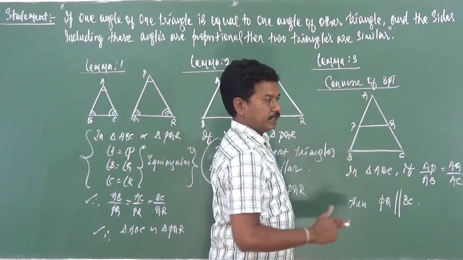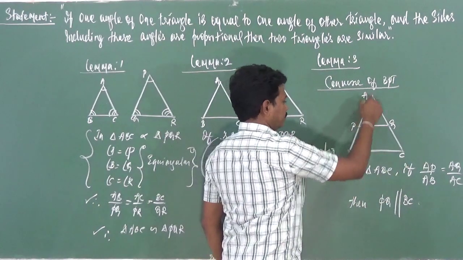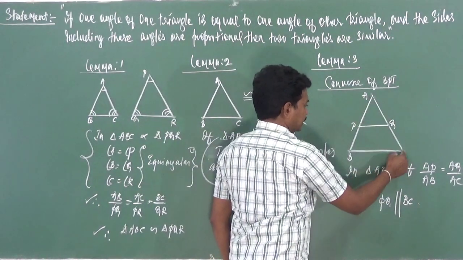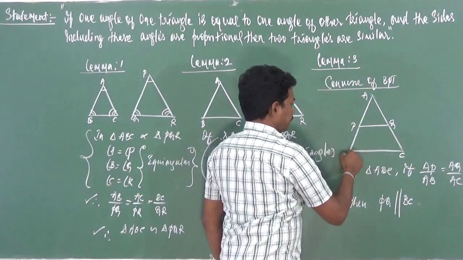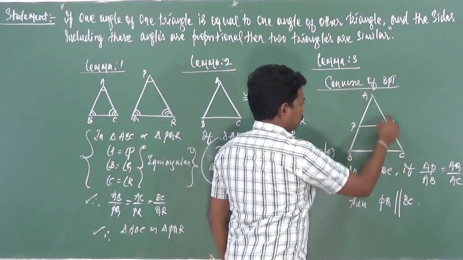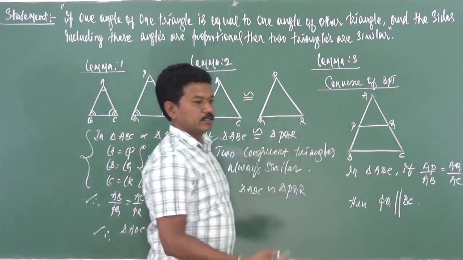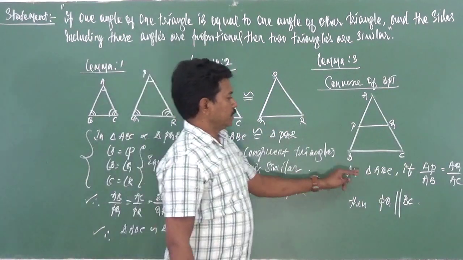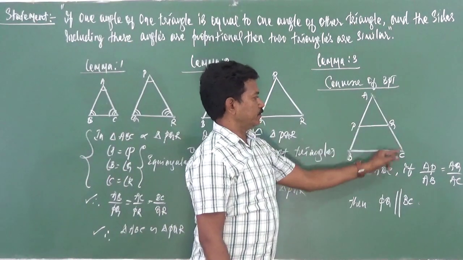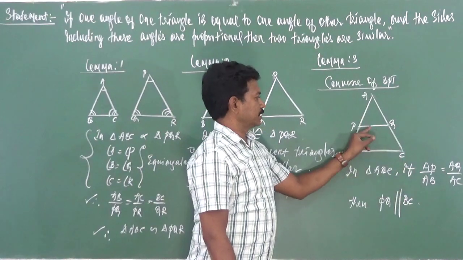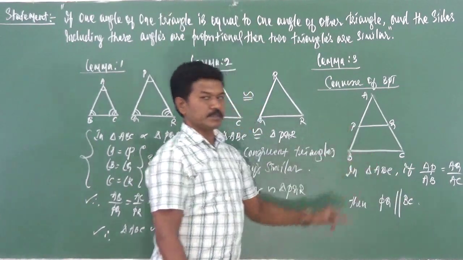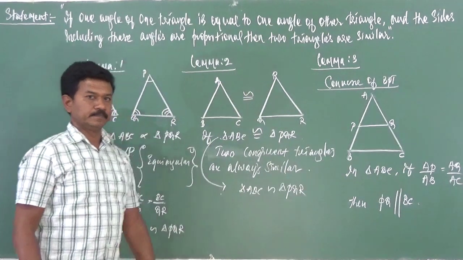The second possibility is AP by AB is equal to AQ by AC, and the third possibility is BP by AB is equal to QC by AC. So in triangle ABC, if any one of the three possibilities happens, 100% the line will be parallel to the third side, that is PQ parallel to BC.